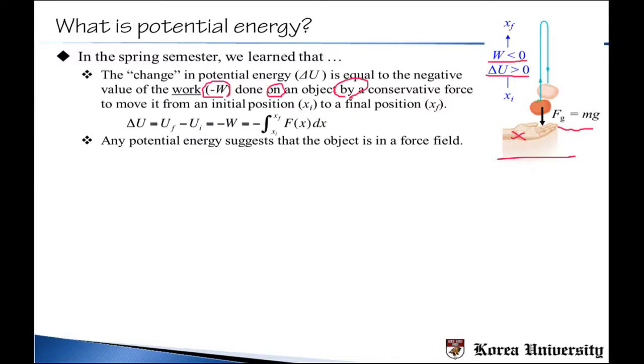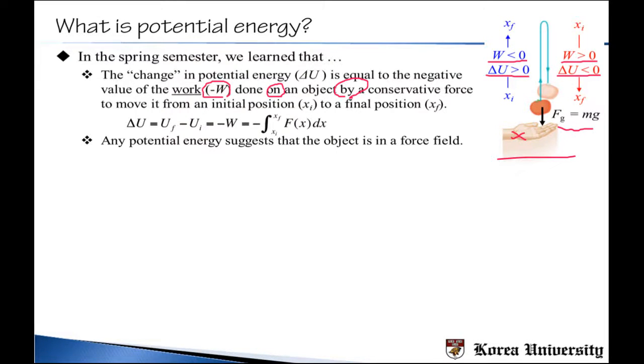And when the tomato is falling down, the displacement vector is parallel to the gravitational force. Therefore, the work done becomes positive, and the change in gravitational potential energy becomes negative, which means the potential energy is decreasing.